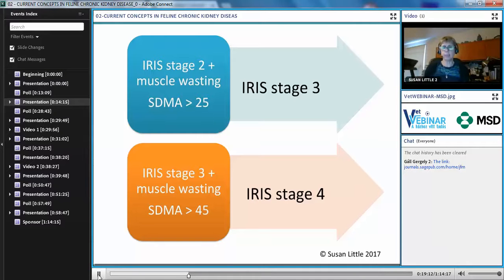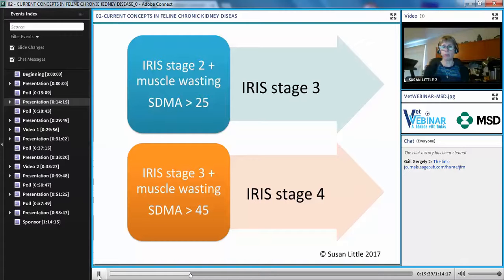Well, one of the ways that SDMA has improved our ability to stage is in cats with muscle wasting, as I already mentioned. Because serum creatinine can be affected by muscle loss, if we have a patient that is in IRIS stage 2 according to serum creatinine, but the SDMA is increased greater than 25, we would actually then move that cat into IRIS stage 3.